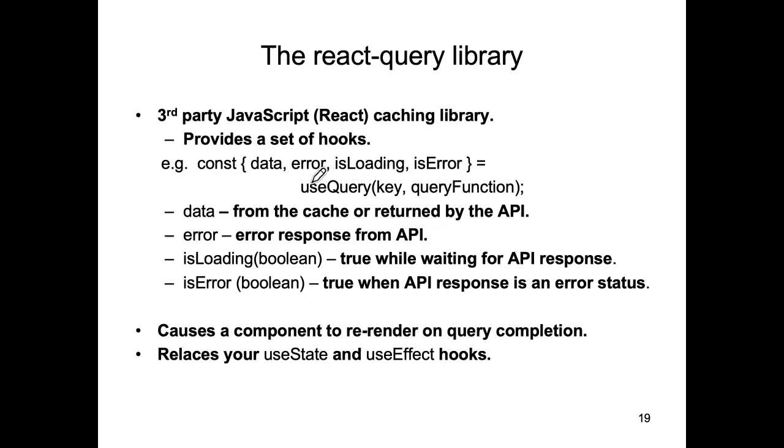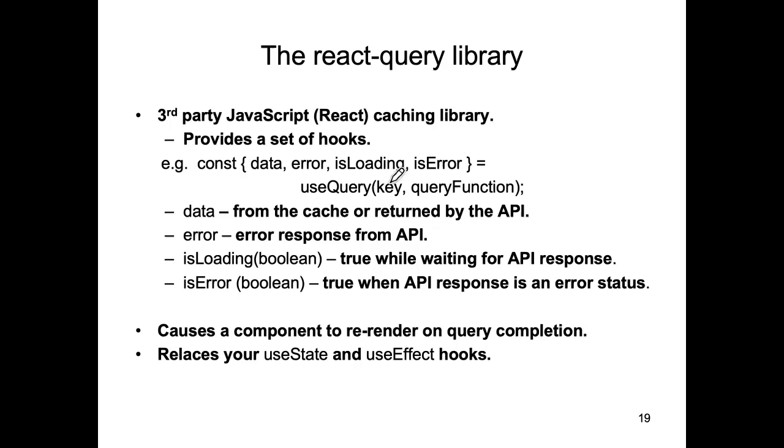So the most used hook is a hook called the useQuery hook. And this hook takes two arguments. The first is the key that you are interested in. You're essentially asking the React Query library, do you have an entry in your cache with this as its key?